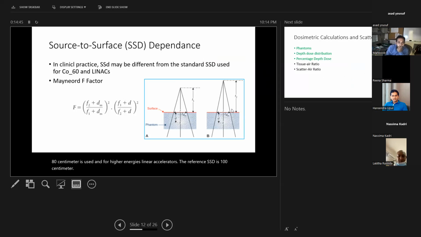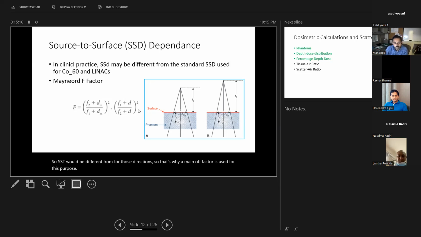In actual practice, for example, if you are treating a patient, the patient's anatomy is not uniform like the phantom or some other fabricated material. So the patient's anatomy is different from different directions of the beam, and SSD would be different for those directions. That's why a Mayneord F factor is used for this purpose.